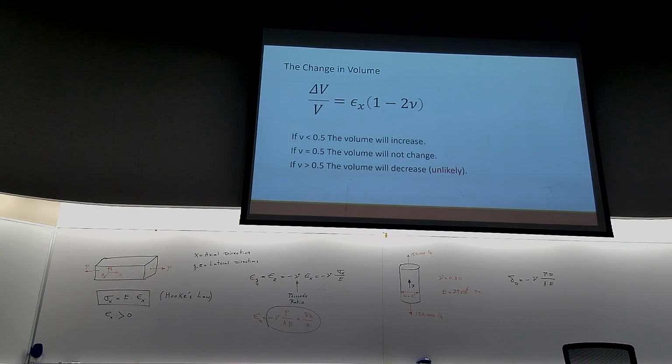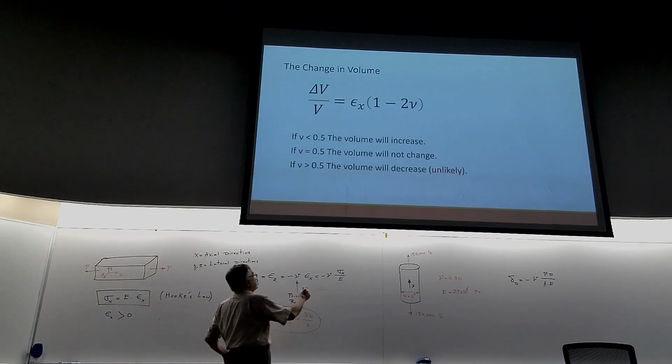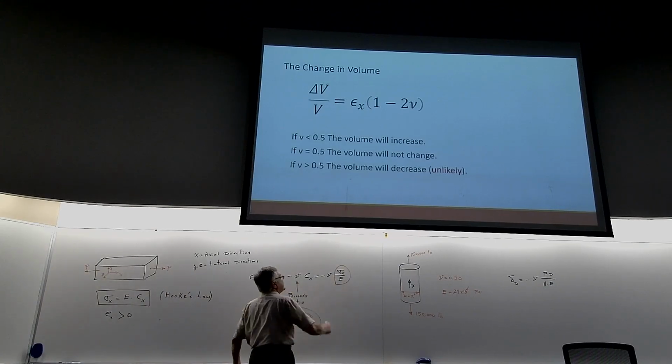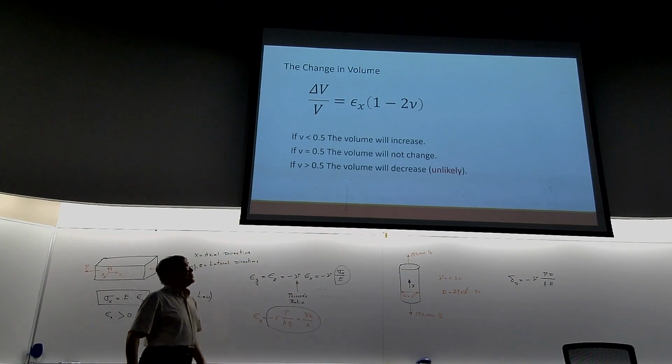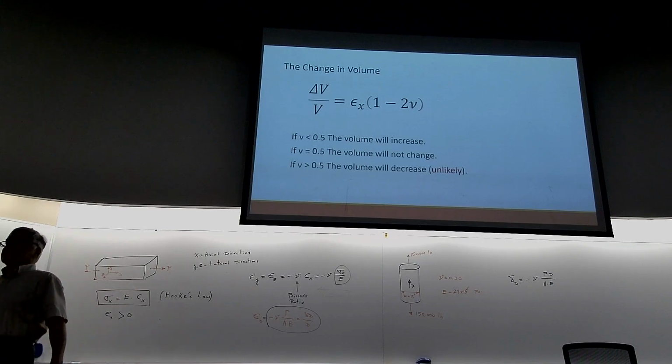Obviously, we are skipping some derivations here. So here V means volume, delta V means change in volume. On the right side, we have epsilon x, which is this, according to Hooke's law, and nu is the Poisson ratio.